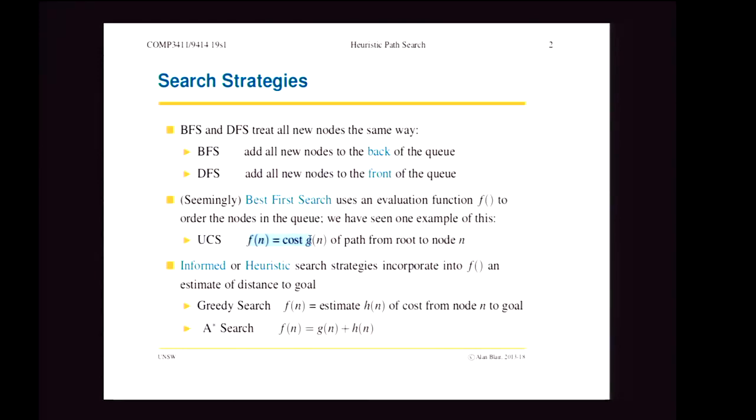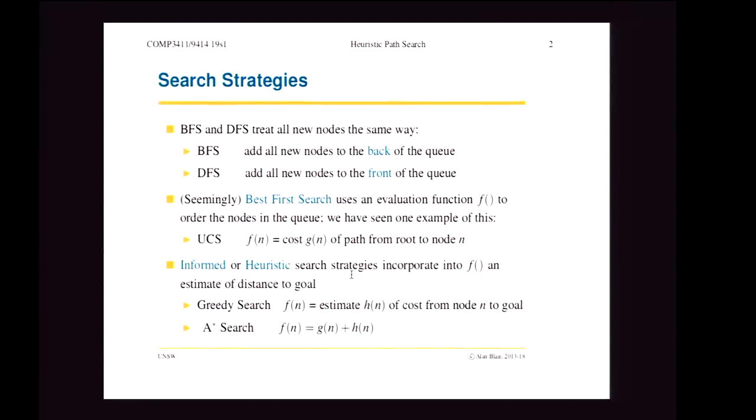One example we've seen of this is uniform cost search. So it's traditional to use g(n) to indicate the length of the path from the start node up to that node n. So you look at the nodes you've got available, you calculate g(n) for all those nodes, and the one that's smallest is the one you expand.